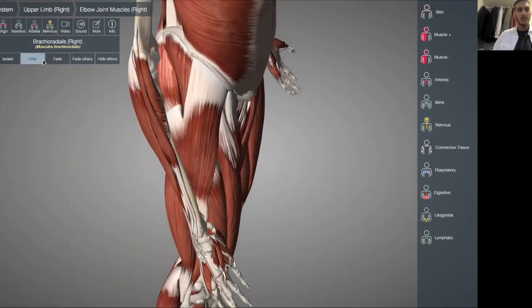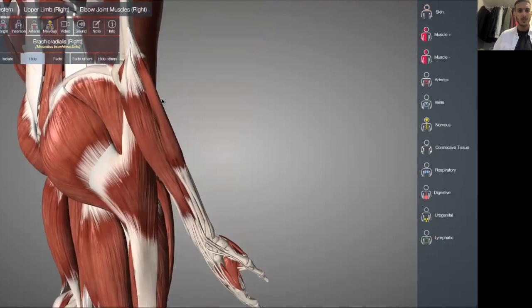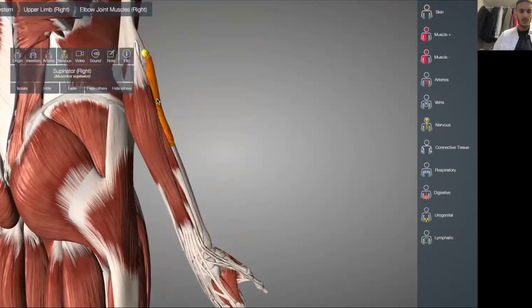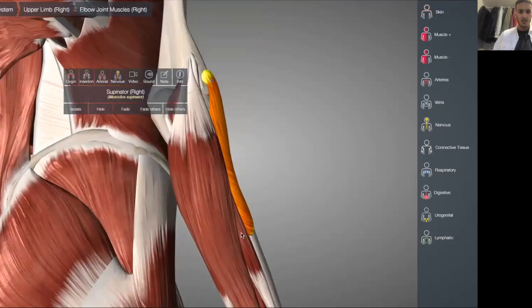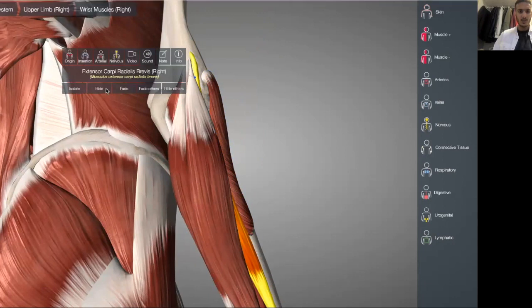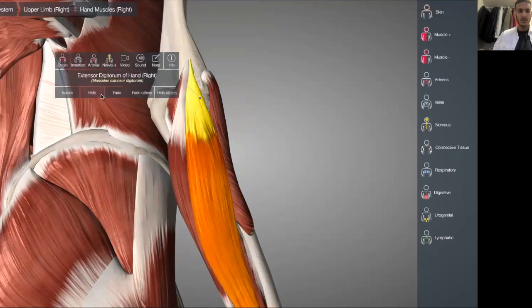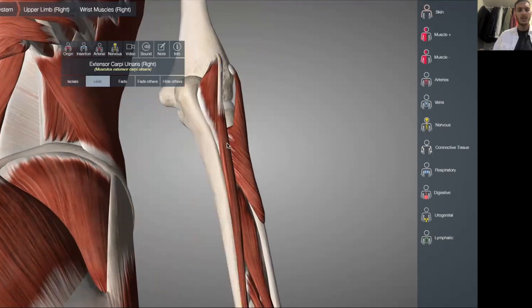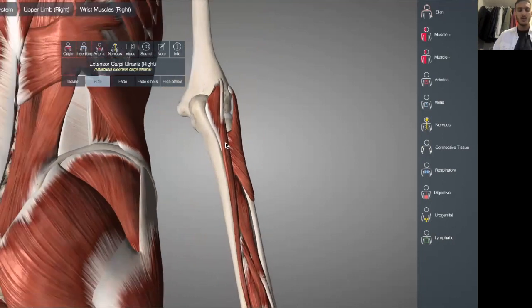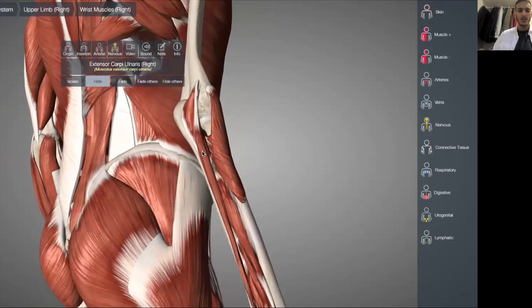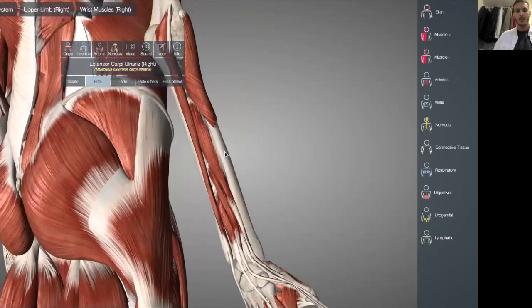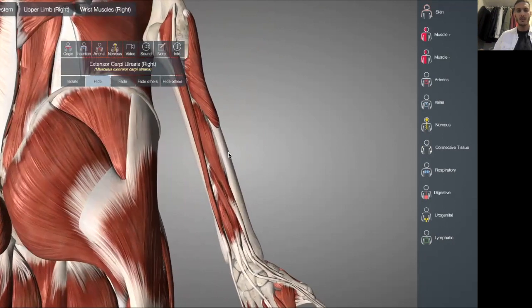Now, if I hide them, the most superficial ones, that's the brevis. Oh, sorry. That's the brevis. Hide the digitorum, and hide the ulnaris. Now we go to the deep layer of muscles of the extensor compartment.